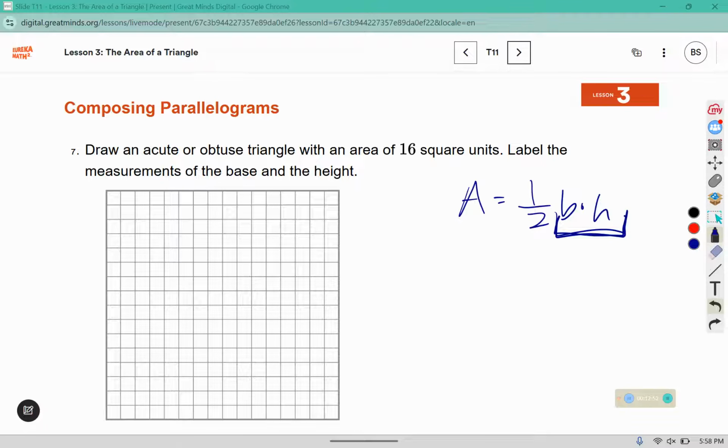You could also use 16 times 2 makes 32. So you could have a base of 16 and a height of 2. I'm going to use 8 and 4. And I'm going to draw an acute triangle. 1, 2, 3, 4, 5, 6, 7, 8 for my base.